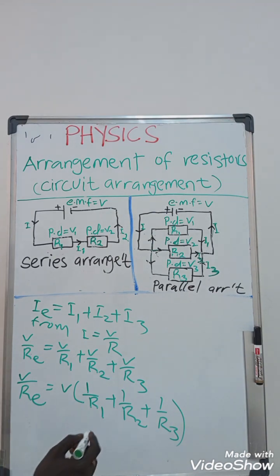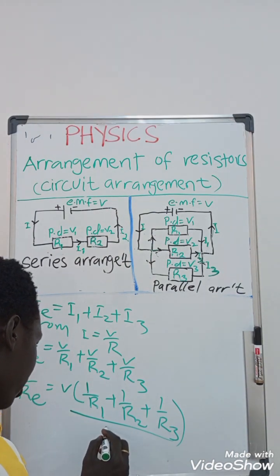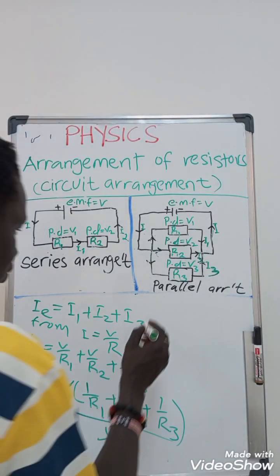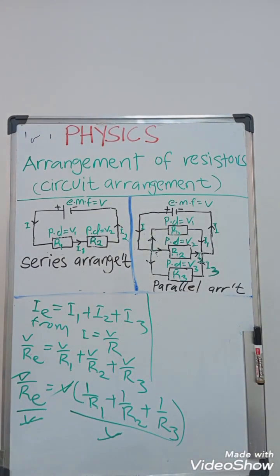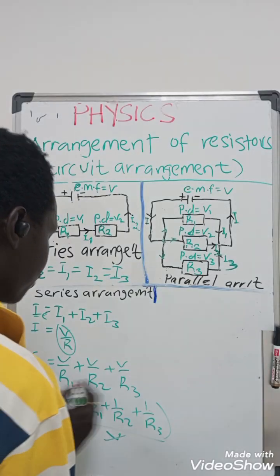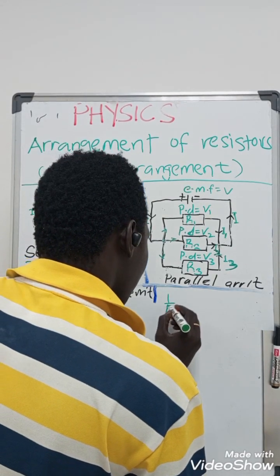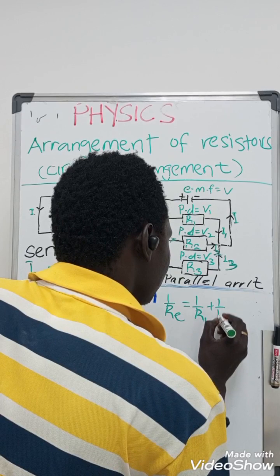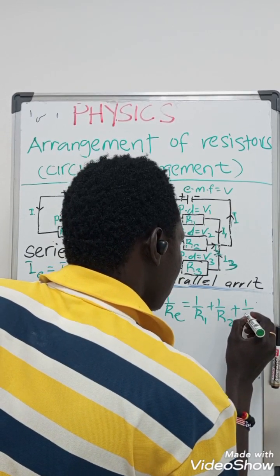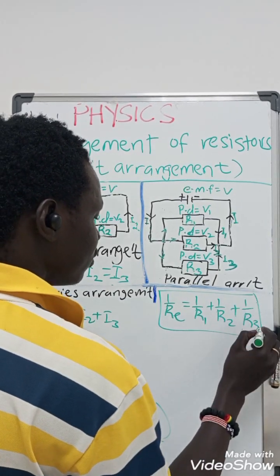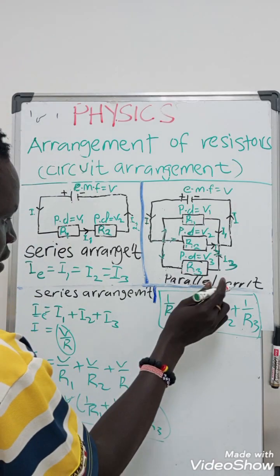What we are going to do here is to divide everything by V. V goes with V. From here we are going to have 1 out of R_E is equal to 1 out of R1 plus 1 out of R2 plus 1 out of R3. This is the equation for the resistors under parallel arrangement.